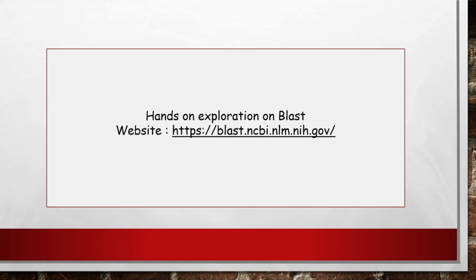So this is part 2 of the previous video, where we are going to explore the BLAST database by clicking on this website. You can either click on this website or search for NCBI in Google and directly click on BLAST.